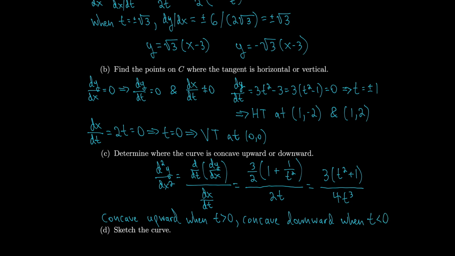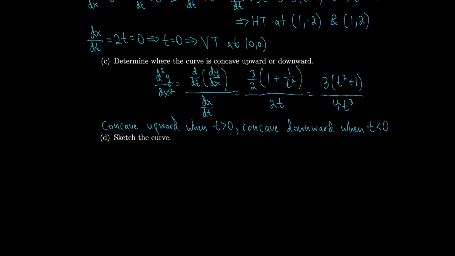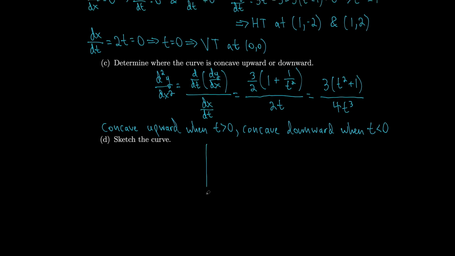Let's now sketch our curve. So using all of this information, well, let's get some axes first. So we have a point (3, 0). And at this point, we have 2 tangents. So if there's 2 tangents over here, the curve must self-intersect over here.